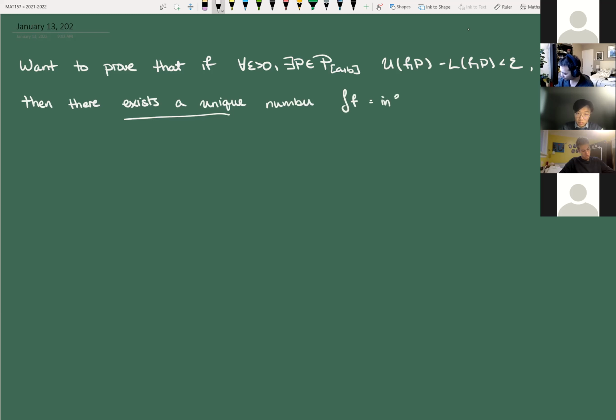Now it turns out that this thing is equal to the infimum of the upper sums over all partitions, which is also equal to the supremum of the lower sums. And that's also something we're going to have to prove. Such that L(f,P) is equal to the integral of f, less than or equal to U(f,P), for all P.